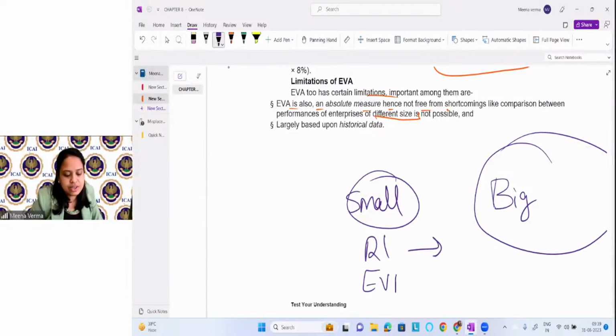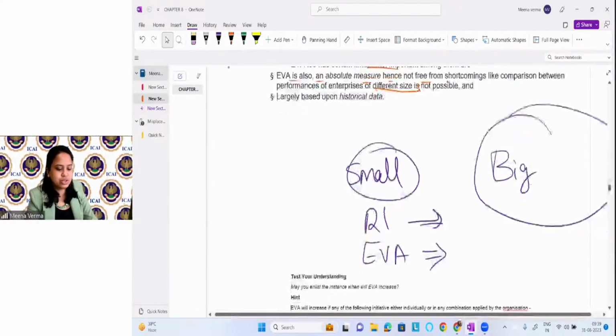Similarly, even EVA will not give you the right result. In both cases, if you use it, you will get a wrong decision for the organization. The basis on which you are taking the decision for the company will be wrong. This is not the correct way.